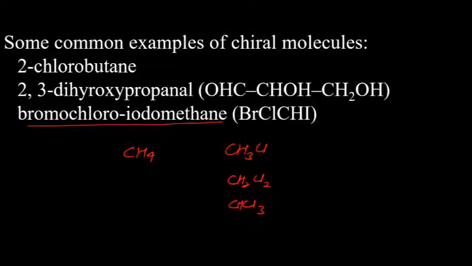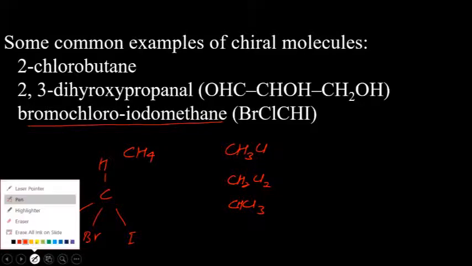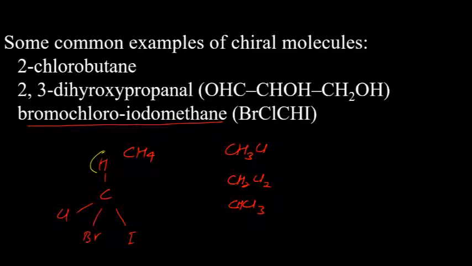If instead of just one halogen, chlorine, you replace the hydrogens, one by chlorine, the other hydrogen with bromine, the other with iodine, in this case it will have all four substituent groups different.